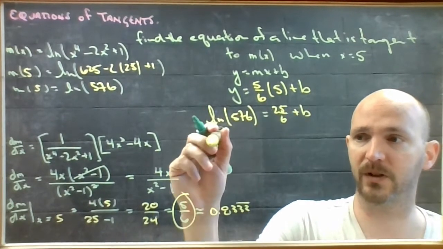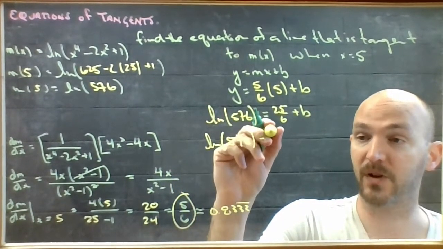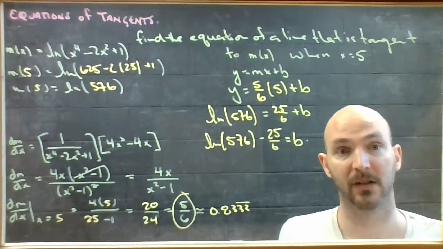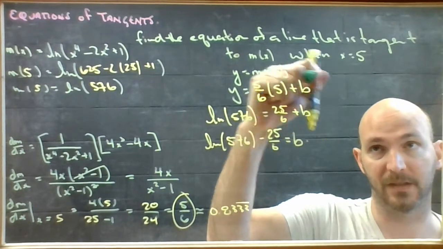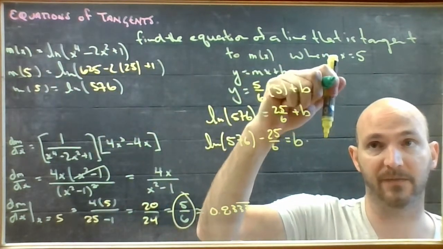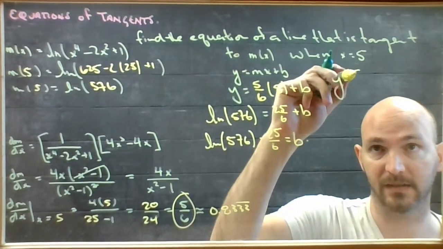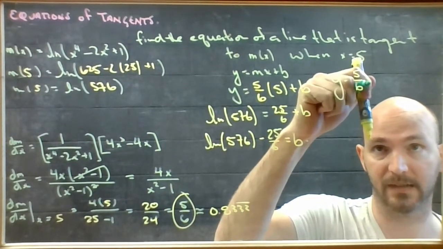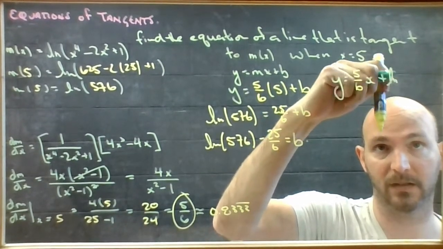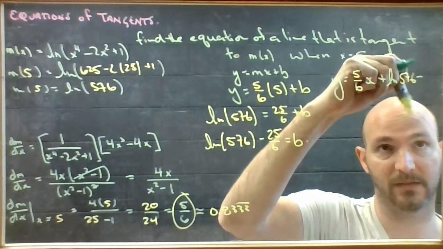Kick this over, I get ln of 576 subtract 25/6 is my y-intercept. So the line that is tangent to m when x equals 5 will be y equals 5/6 of x plus the ln of 576 subtract 25 over 6.